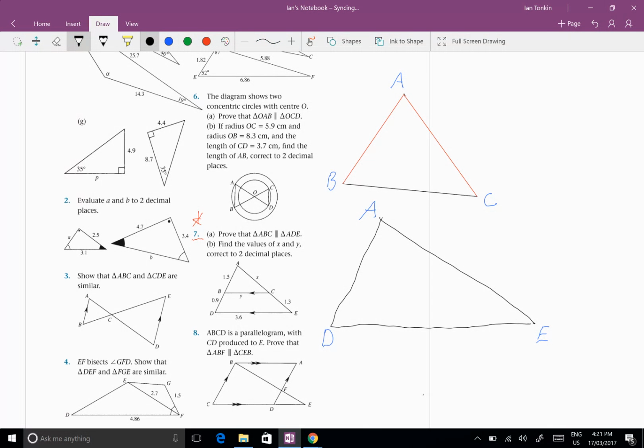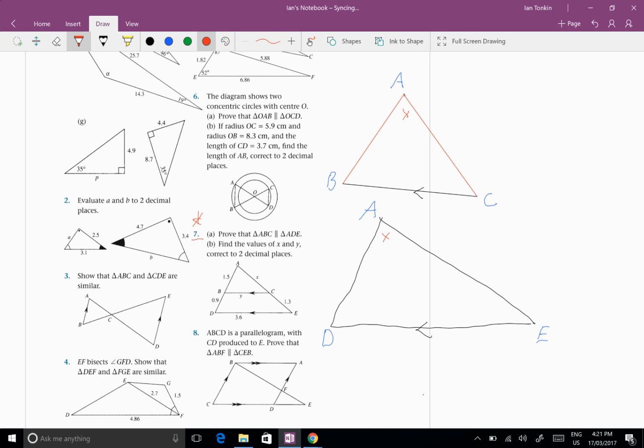Now, my aim is to prove that these two triangles are similar. I've drawn them separately, and I'll always beware of triangles within triangles. This is going to be pretty easy because I'm going to get equal angles quite quickly. First of all, this angle and this angle are the same because they're common.